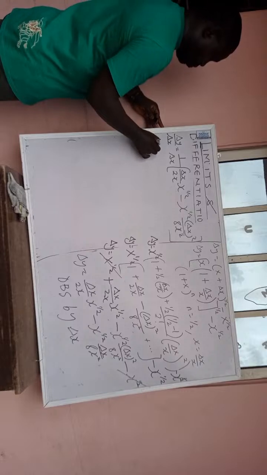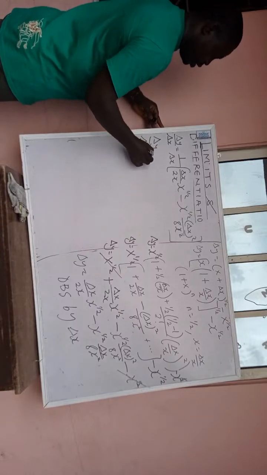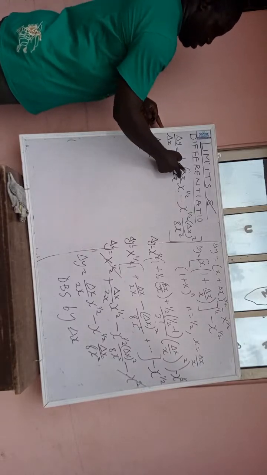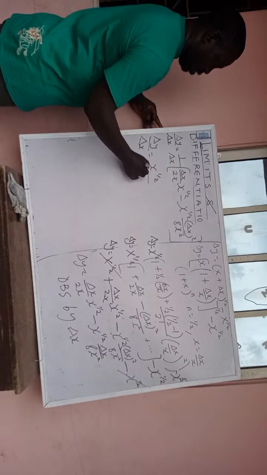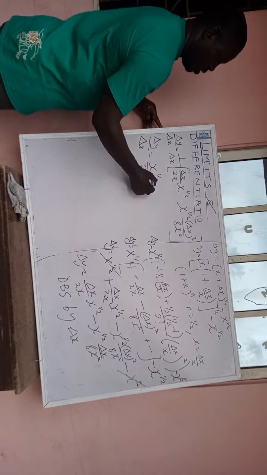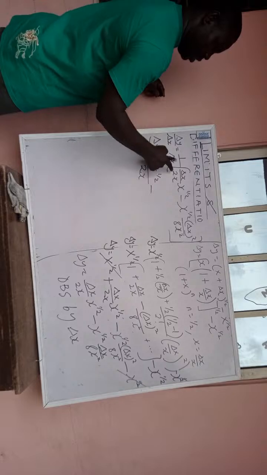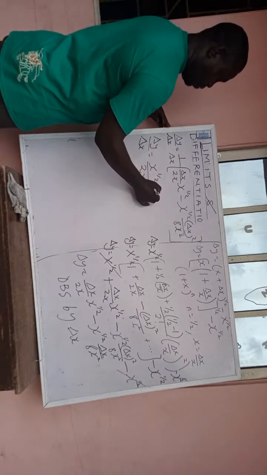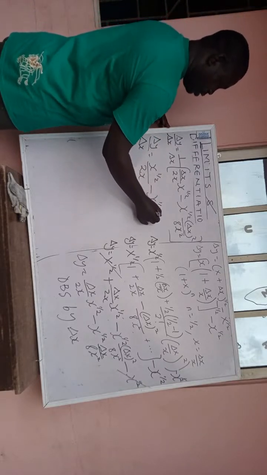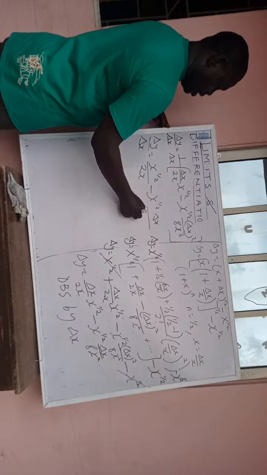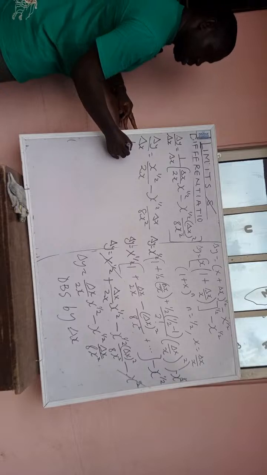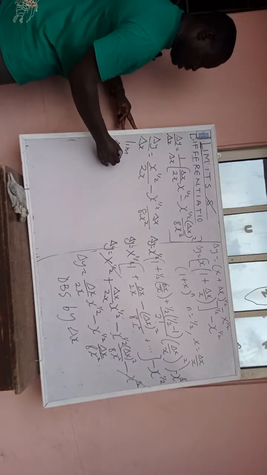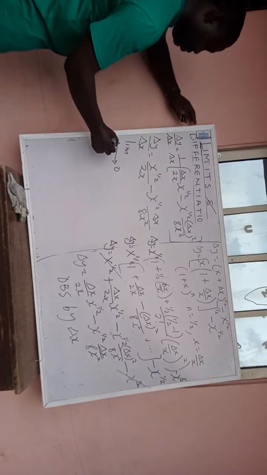So when you divide this by this, what will you have? You have change in x over 2x. And then when you divide this by this, change in x will be left, and then you have limits as change in x tends to 0.